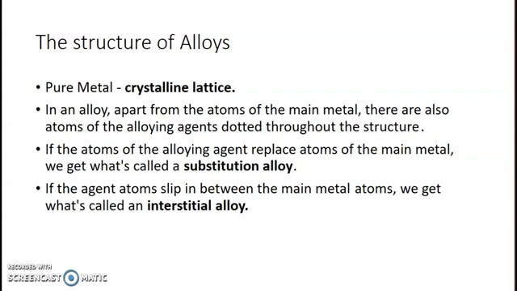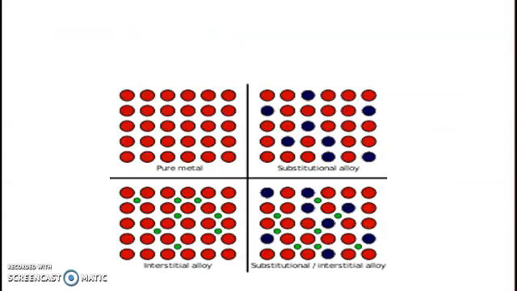In this alloying structure, there are two kinds of alloy structure. One is substitutional alloy and the next one is interstitial alloy. In substitutional alloy, the atoms of the alloying agent replace the atoms of the main metal, right? In the diagram you can see the substitutional alloy, in which the pure metal atoms are replaced by the alloying agent.